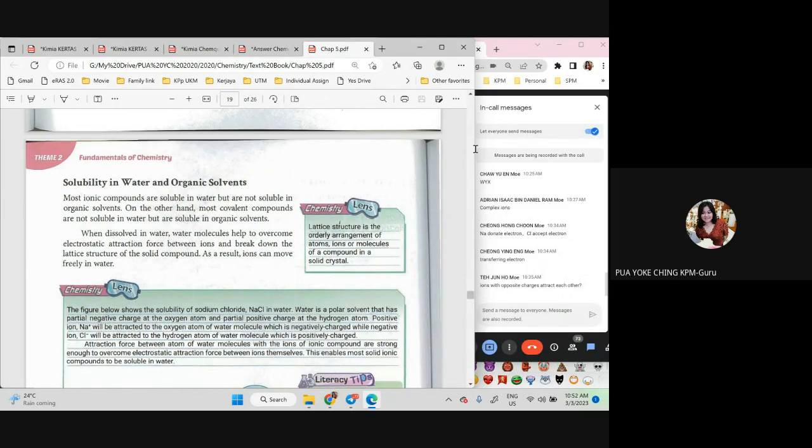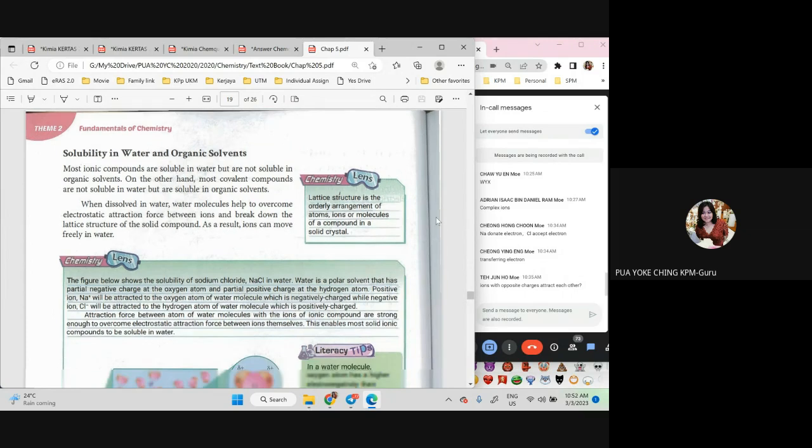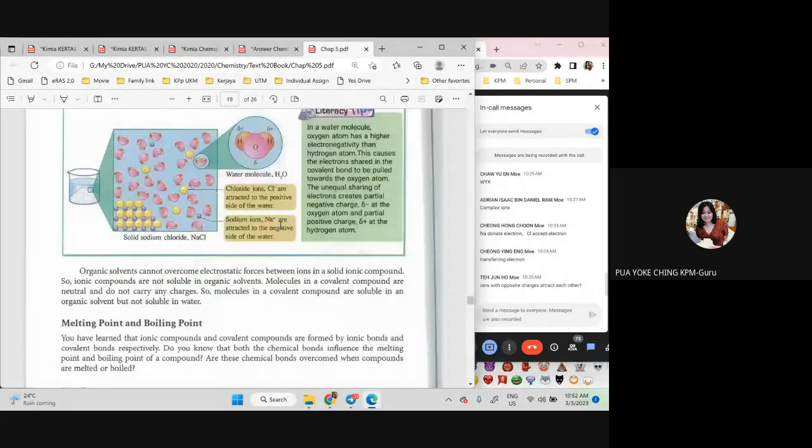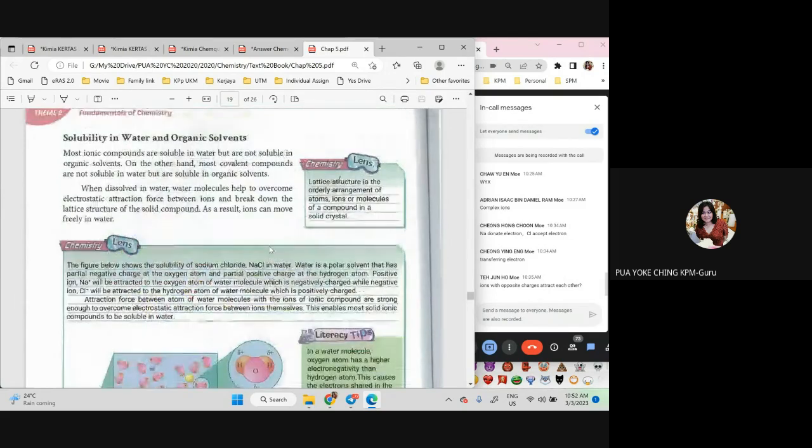Okay. First one. When dissolved in water, the first point, water molecules overcome the electrostatic force between ions.